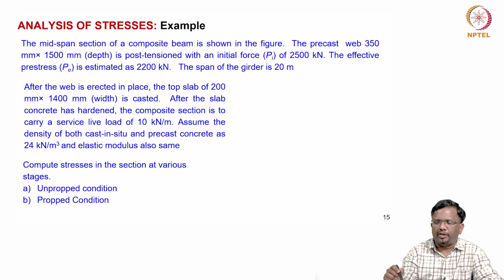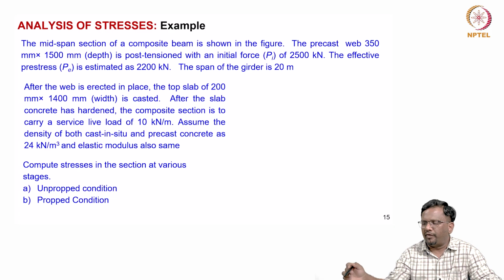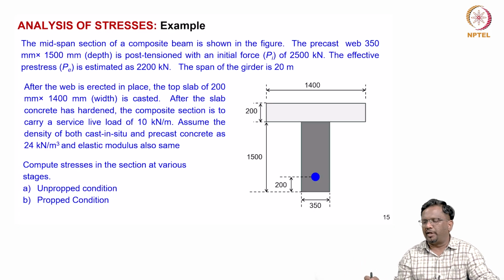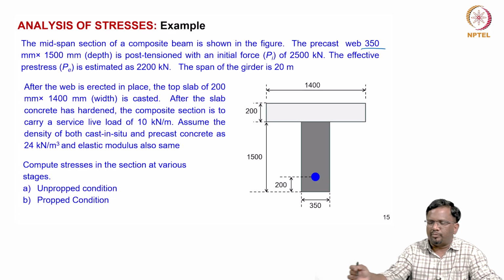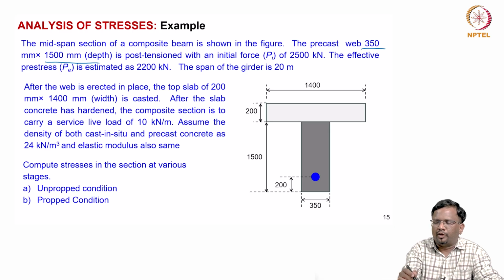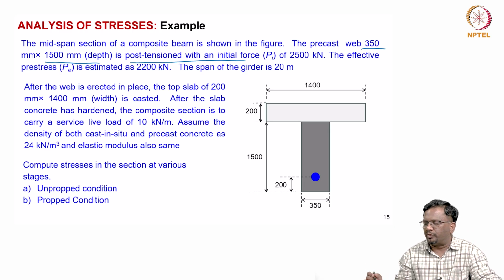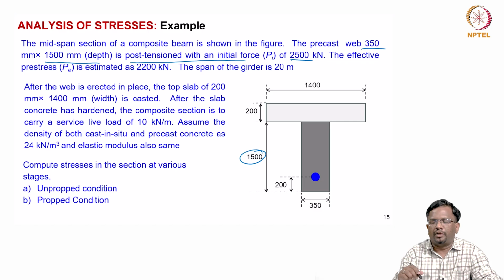So we have the midspan of the cross section, which I will show in a while. We have a 350 by 1500 mm deep post-tension web with an initial force of 2500 kilonewton. So you see here the web, which is a precast element, post-tension element, has a width of 350 mm and a depth of 1500 millimeter, and the initial pre-stressing force is 2500.